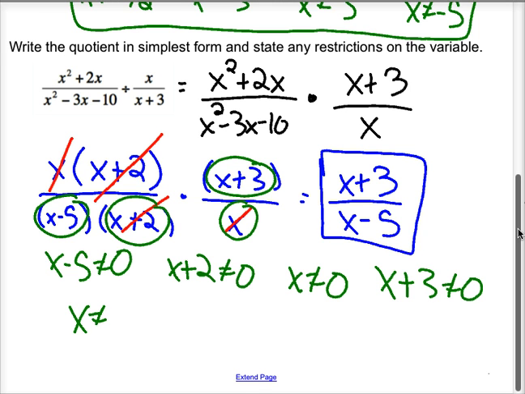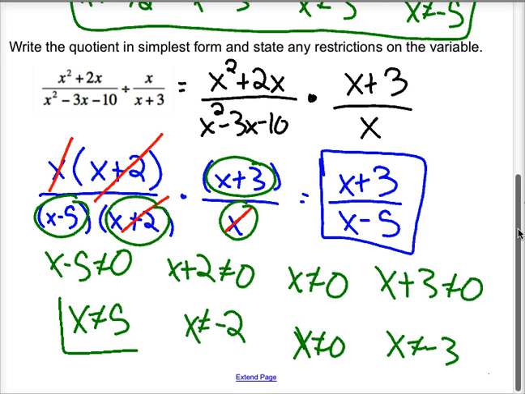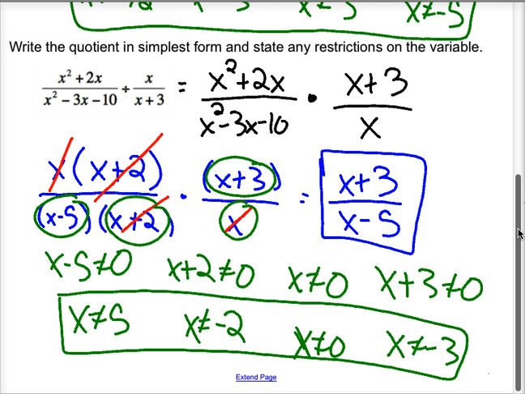So we get that x can't be 5, x can't be negative 2. This one already states x can't be 0, and x can't be negative 3. All right. And there we have it.